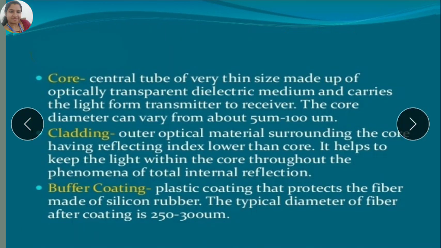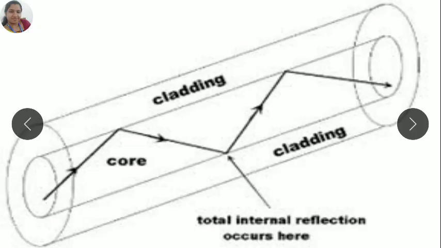Then the core. The core is the central portion of the optical fiber. Light is propagated through this core. Here we use a transparent dielectric material for the preparation of this core. And this core is covered by another dielectric material called cladding.